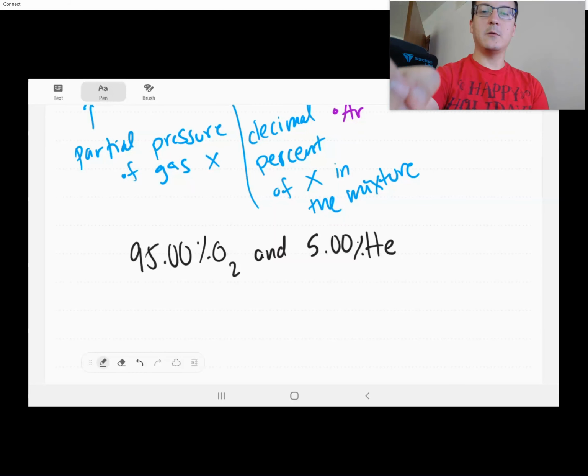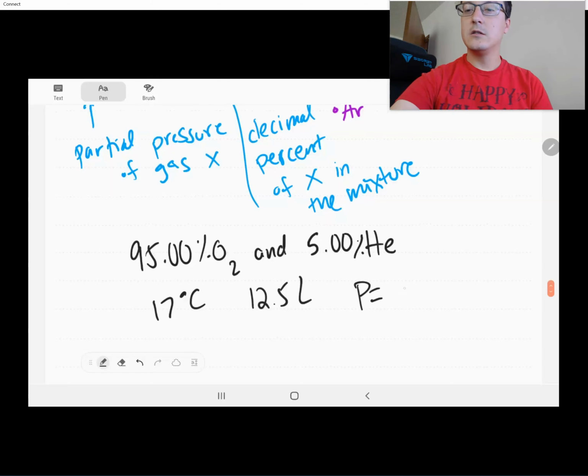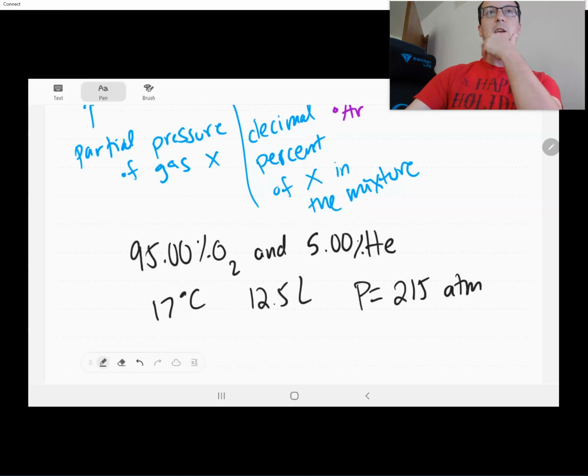And let's say we have 17 degrees Celsius and, I don't know, 12.5 liters. And the total pressure is 215 atmospheres. A lot of gas in there. Let's see if you guys can tell me how many moles of oxygen I have and how many moles of helium I have.